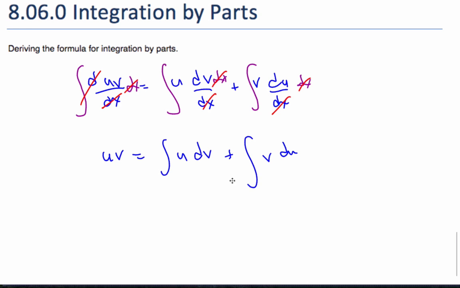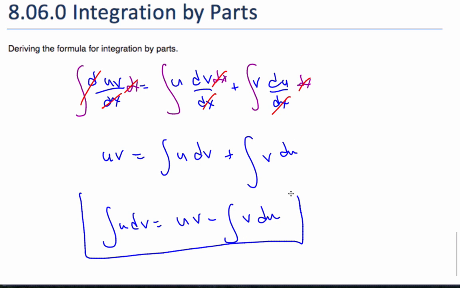And if I rearrange this, I'm going to have this on one side equals uv, and subtract, so basically I'm subtracting this, so it's u times v minus the integral of v du. And so this is our formula for integration by parts.